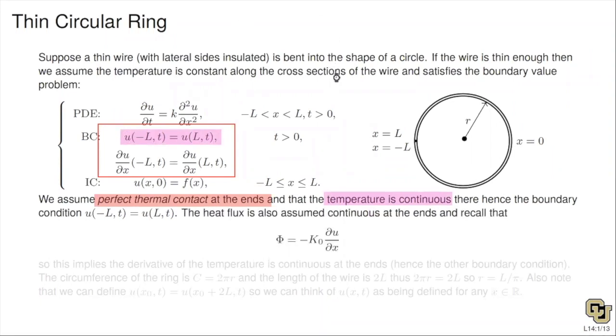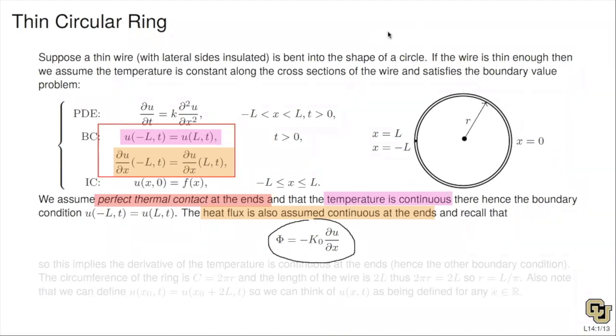So our other assumption is the heat flux is assumed continuous at the ends. So how does that get us here? Remember that we have Fourier's law. Fourier's law says the heat flux is proportional to the spatial temperature difference.